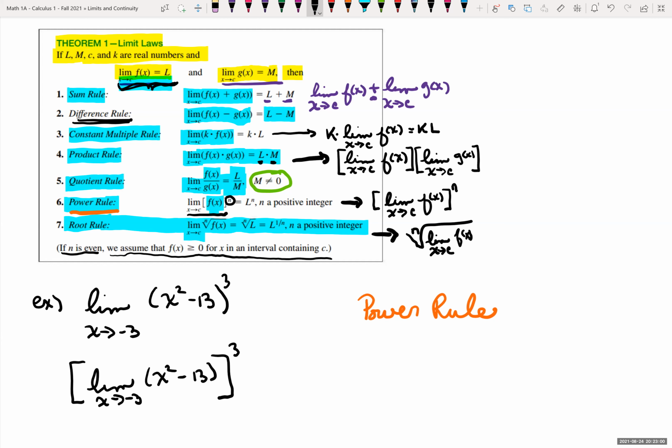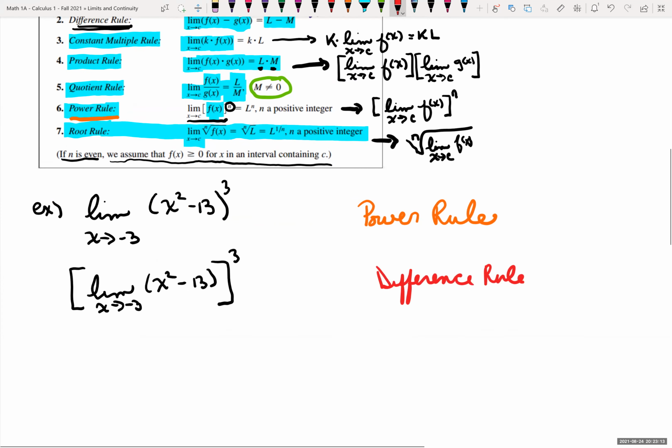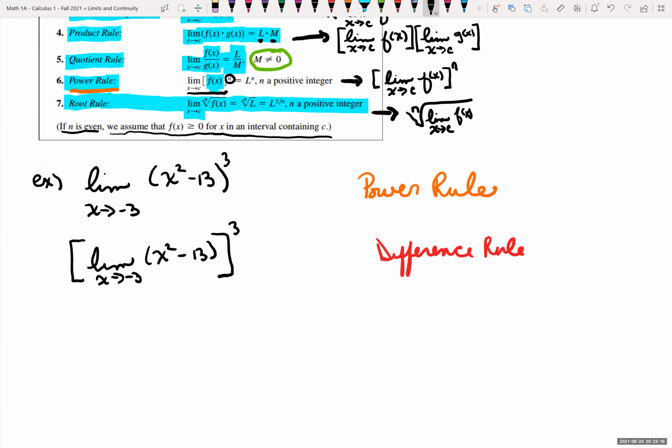So using the difference rule, we can break up this limit inside this bracket. And so doing that, I still have this cube, but I have the limit as x is approaching -3 of x squared minus the limit as x approaches -3 of 13. And then that is quantity cubed.